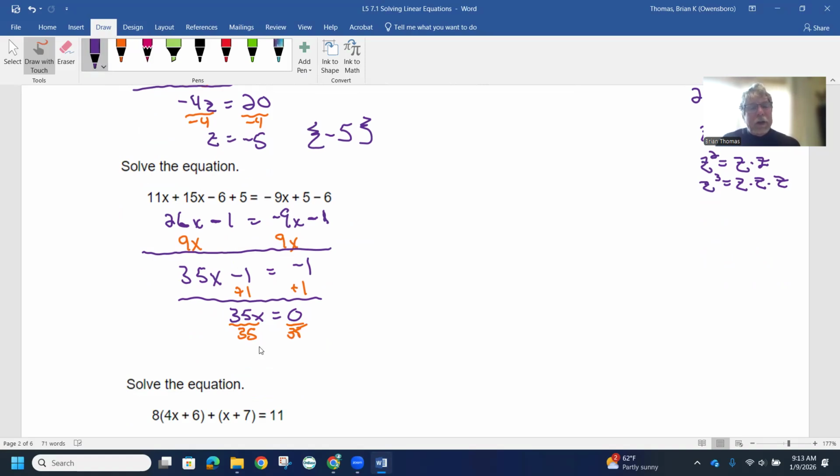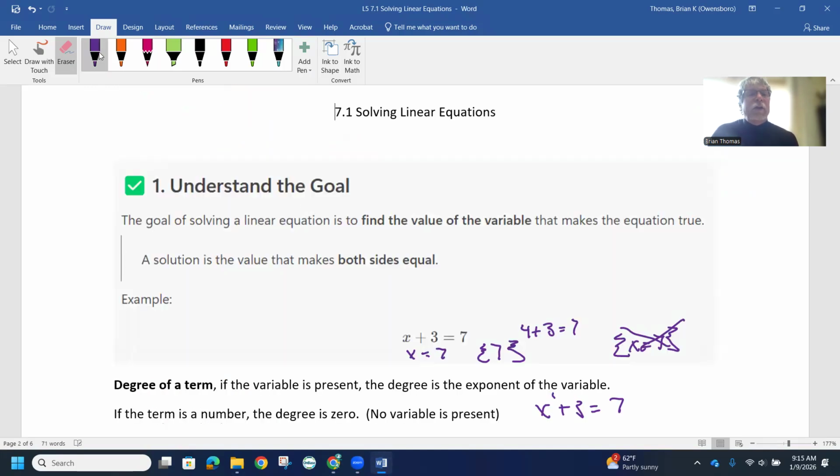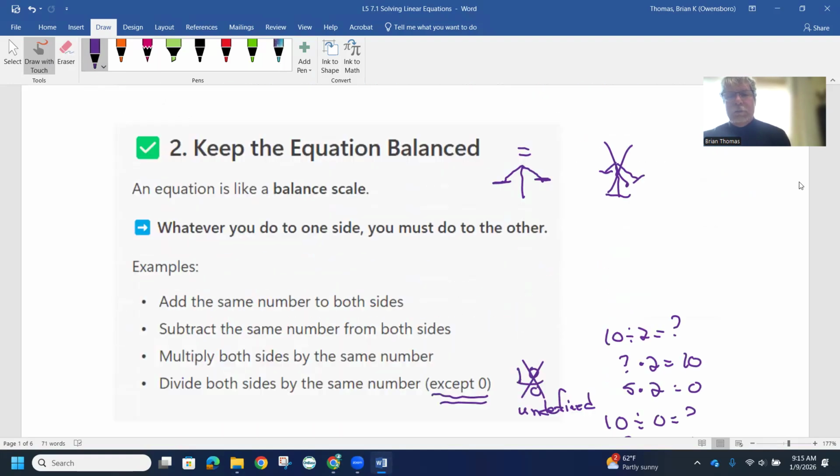So we know that we get x equals, but what's 35 divided by zero? So again, 35 divided by zero, I'm sorry, that's not what that's saying. So try that again. This is saying zero divided by 35. Oops, lost my problem.